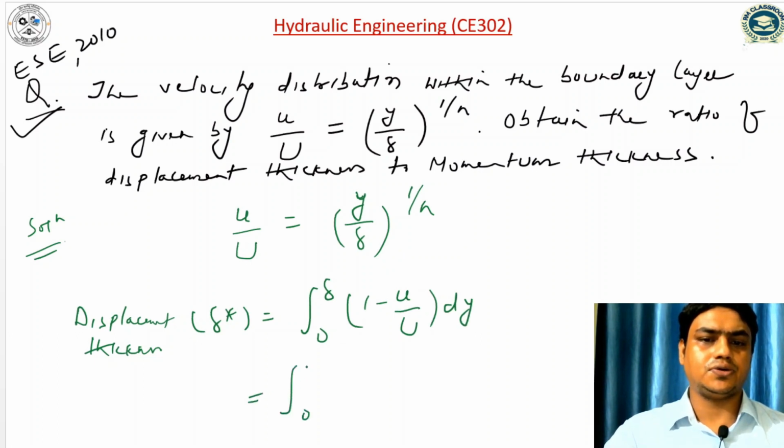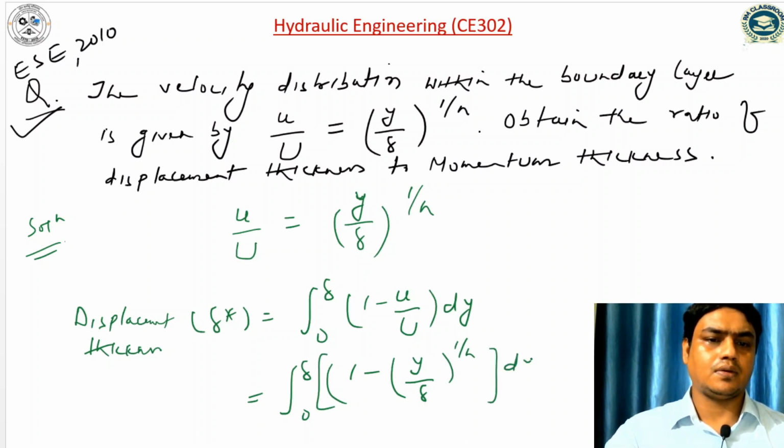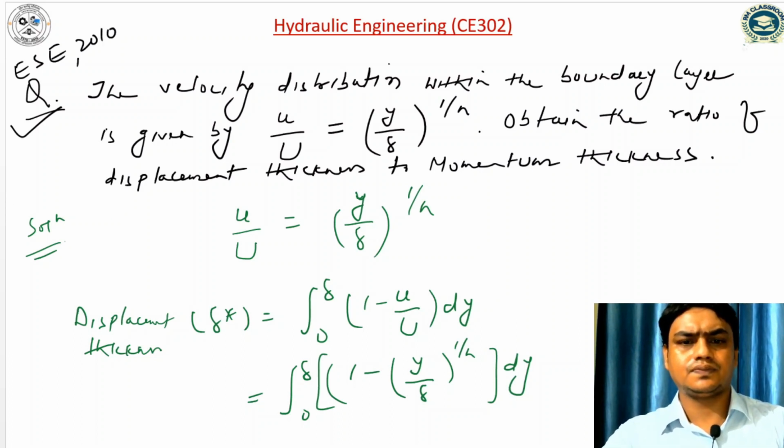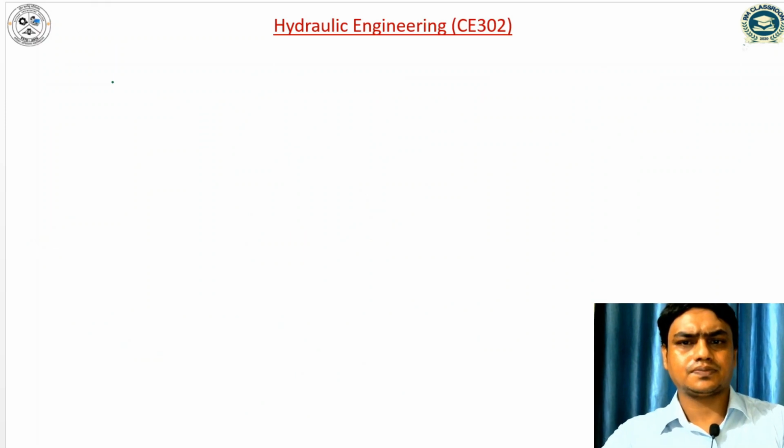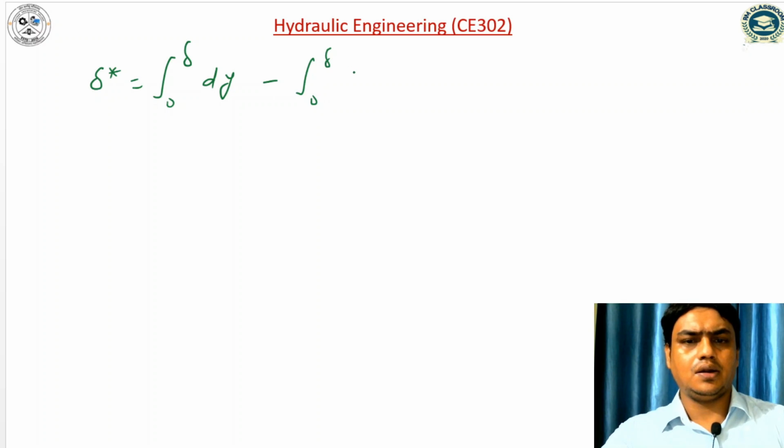Substituting the velocity distribution, we can write the integral from 0 to delta of 1 minus y by delta to the power 1 by n into dy.